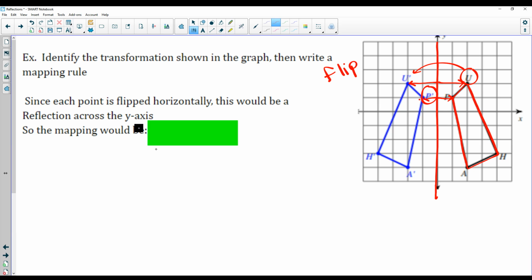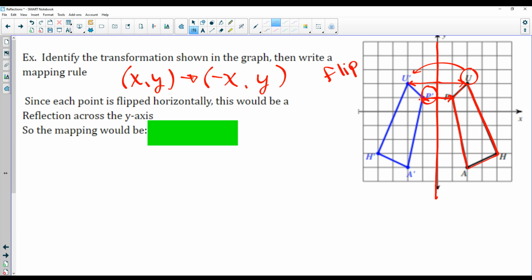If I have to write the rule, we need to think about what changed. The y value did not change. It's the x value that changed. Instead of going to the right, we went to the left. Okay? So that means that we do negative x and we keep y the same. The y values are all the same.